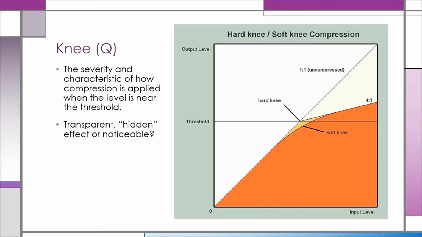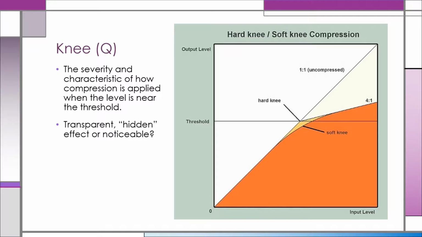If you have a signal or a passage that is constantly going above and below your threshold, and you had a hard knee, so again, compression is either on or off, there's no kind of massaging into it either direction, then it can be very obvious to the listener that something is different.